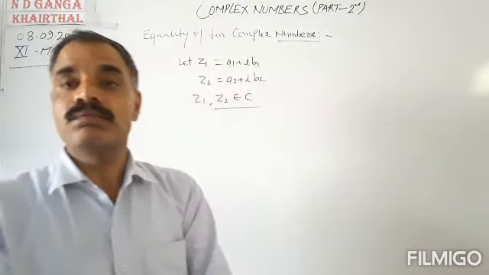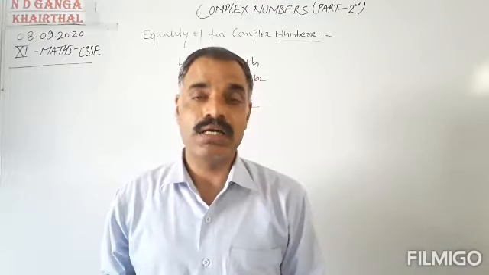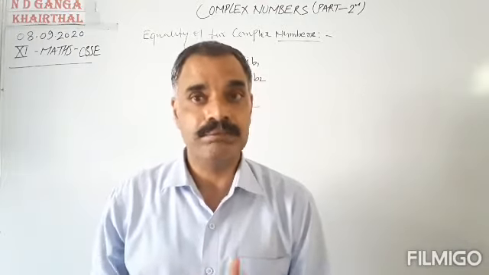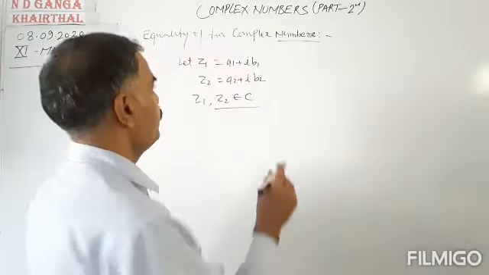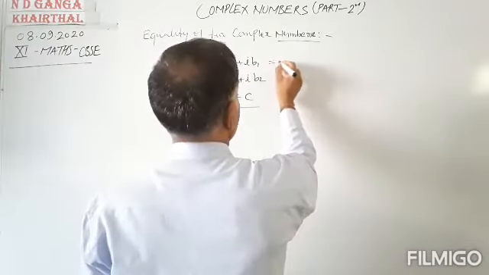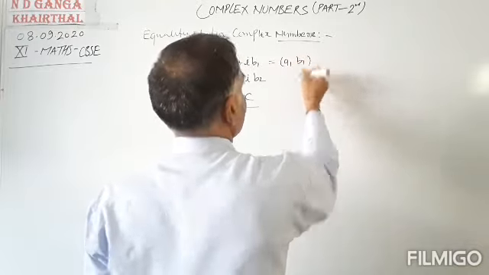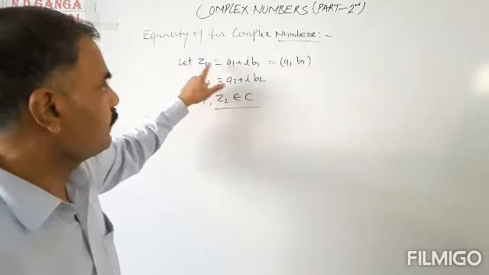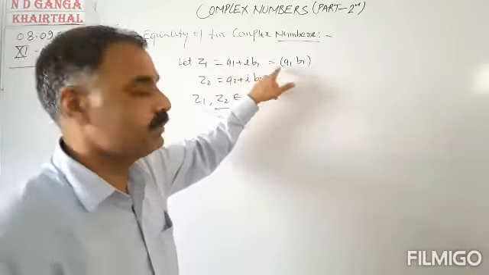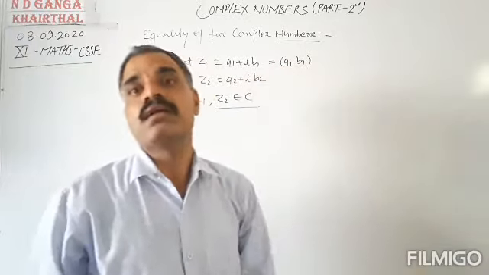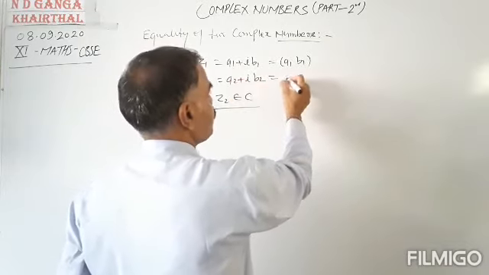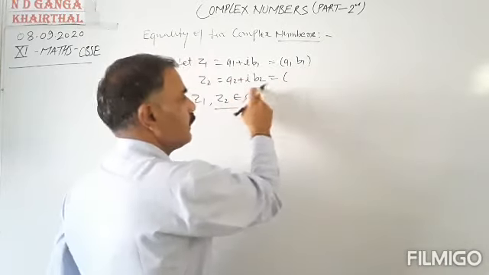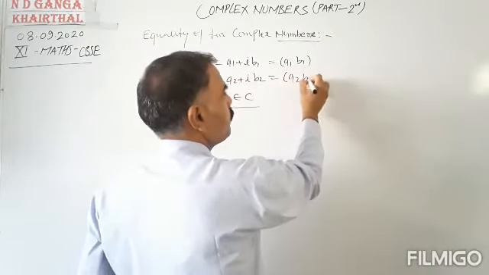First of all we should know that a complex number can be put in an ordered pair. The complex number a1 plus iota b1 can be put in the ordered pair (a1, b1). Similarly, z2 can also be put in the ordered pair (a2, b2).